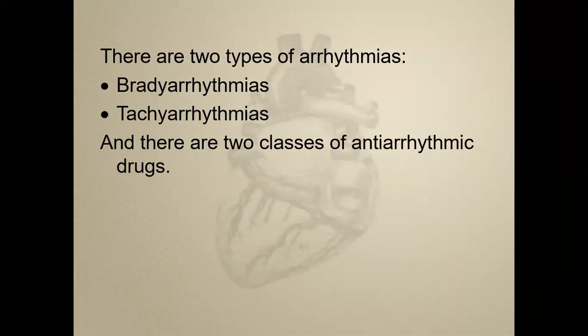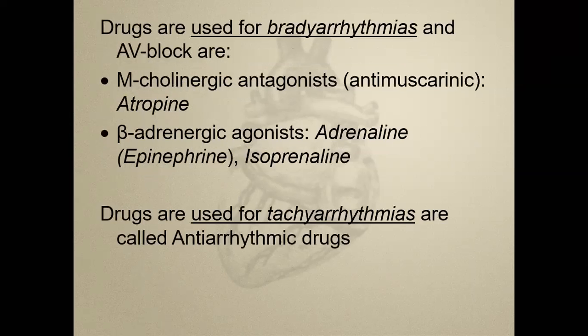There are 2 types of arrhythmias: bradyarrhythmias and tachyarrhythmias. And as a result, we have two big groups of drugs for treatment of arrhythmias, drugs for treatment of bradyarrhythmia, and for treatment of tachyarrhythmia.